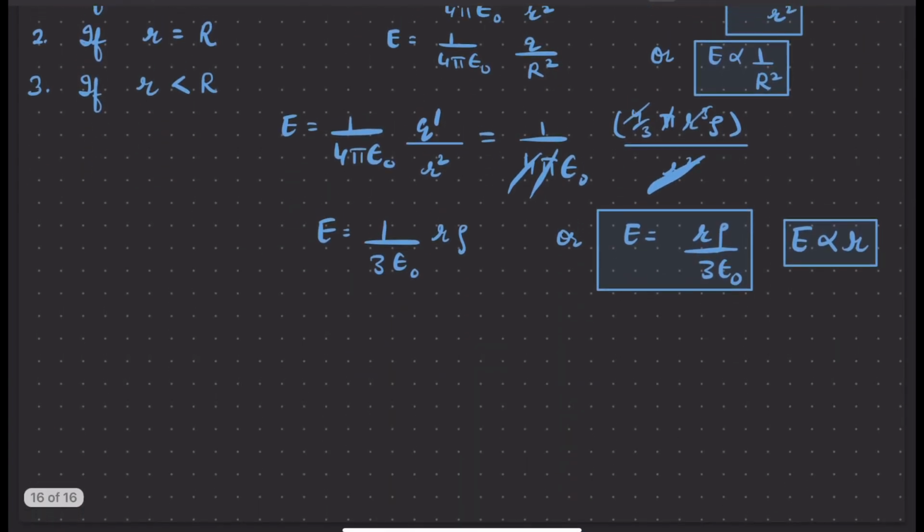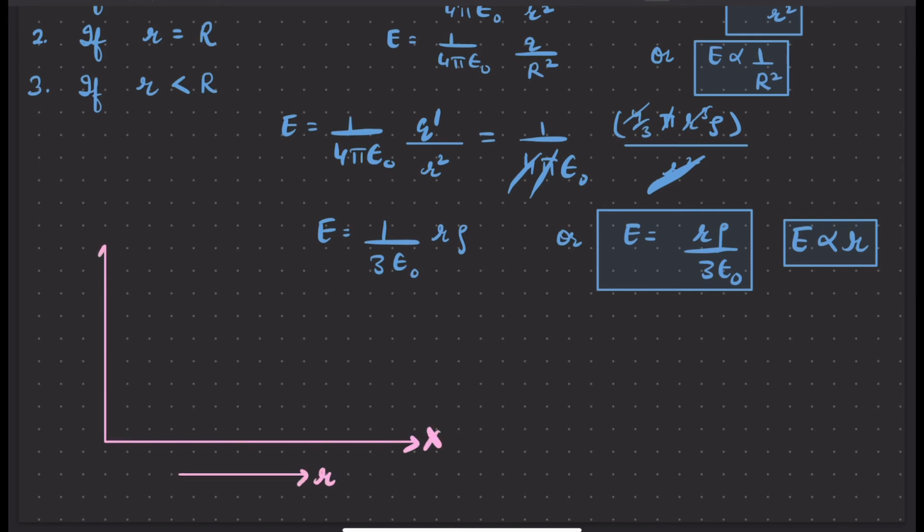So plotting it on a graph, we consider the distance from the center of the sphere along the x-axis represented by small r, and electric field intensity along the y-axis. In the last case we found that electric field intensity is directly proportional to r.